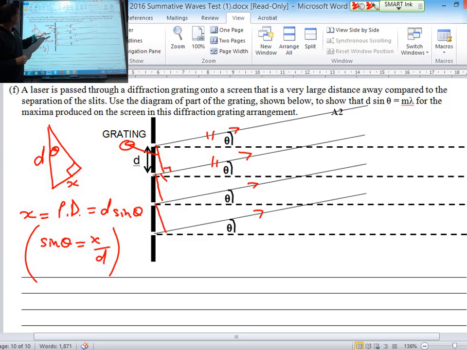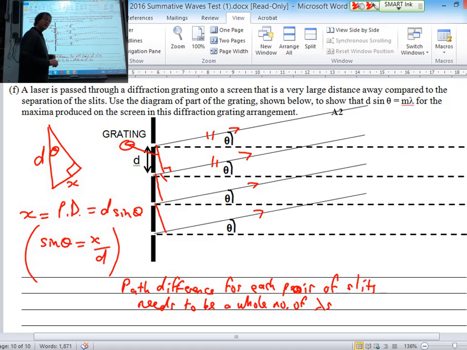Okay? For this to give you constructive interference at the other end, you would need to have this arriving at a whole number of wavelengths with that difference there, so that they arrived in phase. So the last few points to point out are that the path difference between each pair of slits needs to be a whole number of wavelengths. That is, x has to be m lambda, where m is 0, 1, 2 or 3 or whatever.